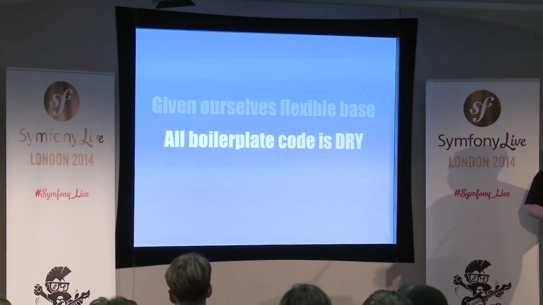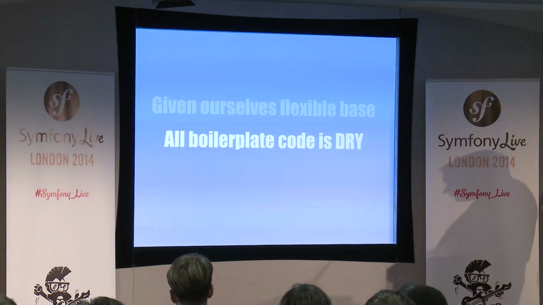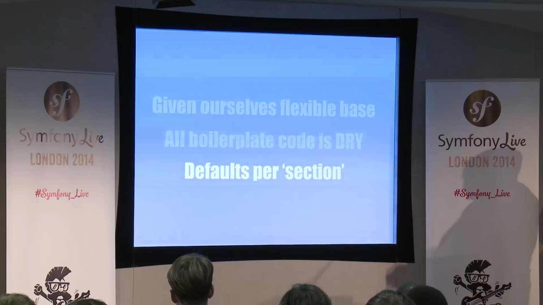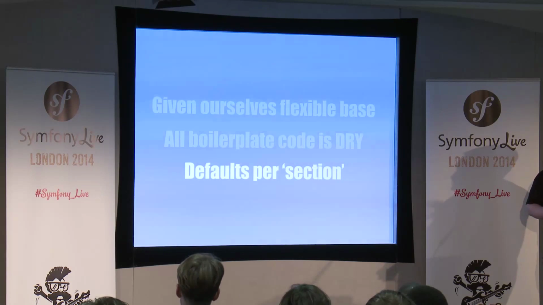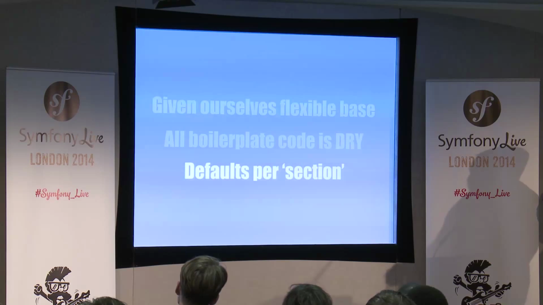You only do that once in the base template, and then everything else just uses that. And it means you can have defaults per section. So in the title block, for example, in the front end, you might have a different title than in the admin, which you don't have to override in your templates if you don't want to, but you can.